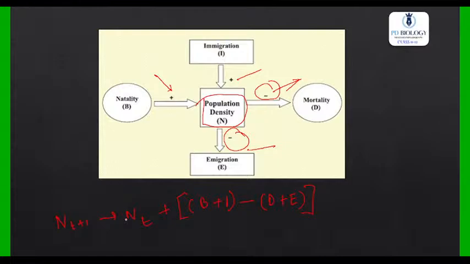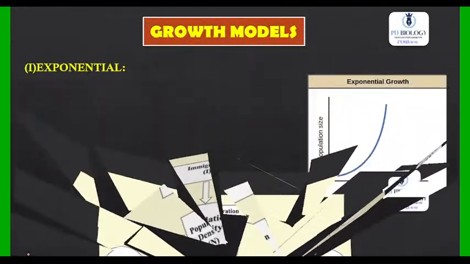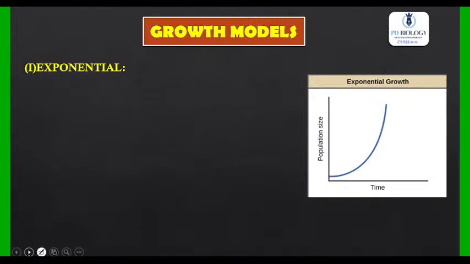So remember this one. The growth models are shown here. The exponential growth. So exponential growth, the population size as per growth time.